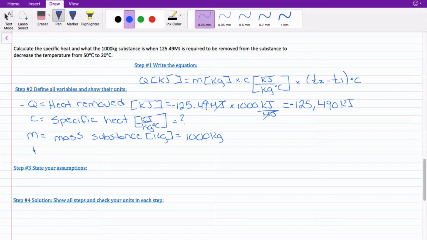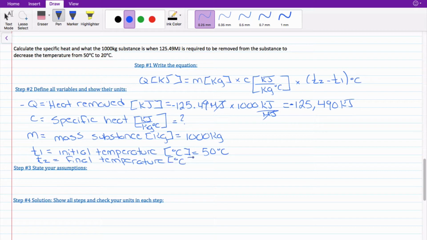And our T1, which is our initial temperature, is in degrees Celsius. Our initial temperature was 50 degrees C. Our T2, that's our final temperature, and that's 20 degrees.